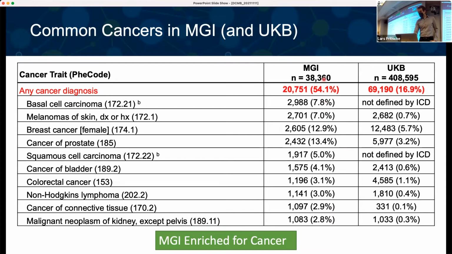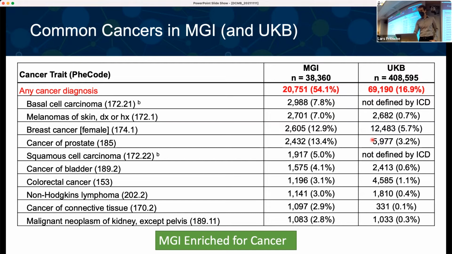MGI is much smaller than UK Biobank, but when you look at the different case counts in MGI, they are sometimes comparable. Sometimes they can't reach the numbers observed in UK Biobank. So the sample sizes are quite different, but both biobanks have sufficient sample sizes to be used for the PRS construction.